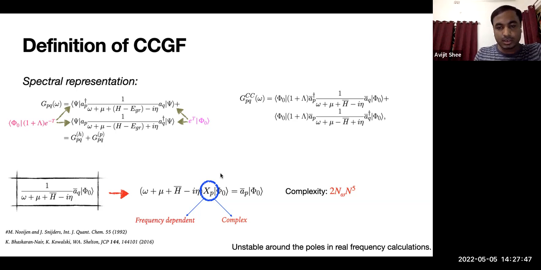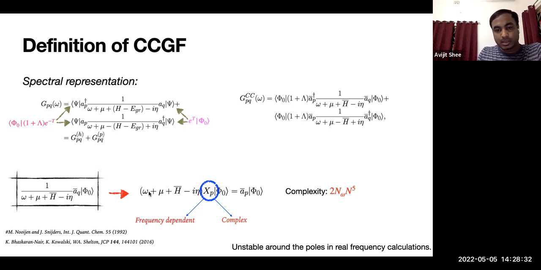Usually in various previous works and some recent works, the way this quantity is evaluated numerically is that this inversion is cast as some sort of response equation, and via this X_p quantity, which is a frequency dependent quantity, we solve for this quantity and then plug this back here, and then we can evaluate the total Green's function.